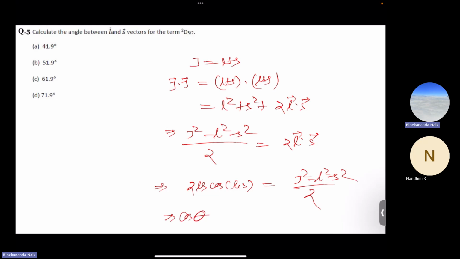So the angle cos theta, which is the angle between L vector and S vector, is J square minus L square minus S square by 2 LS. And in quantum mechanics, if you remember, these vectors have the values root over J into J plus 1.